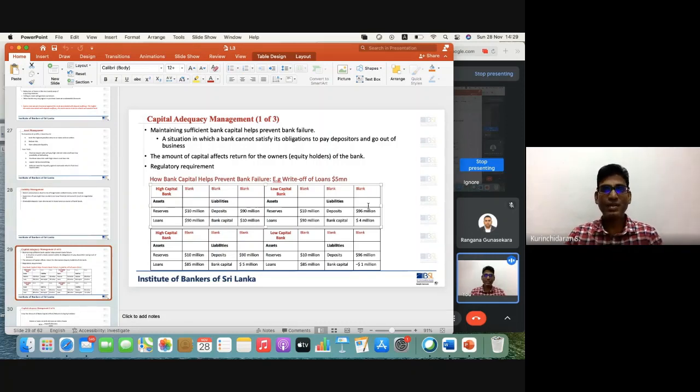But the problem is now a default, right? So the bank is writing off that default. That means $5 million is going to be written off, right? If you see the high capital bank, when you write off a loan, what is the double entry? Can anybody tell me what is the double entry?